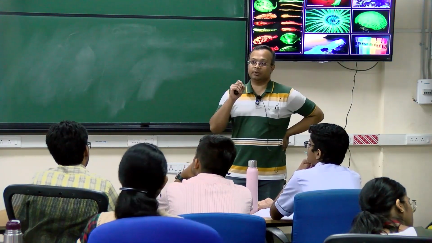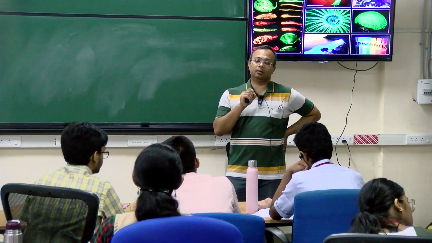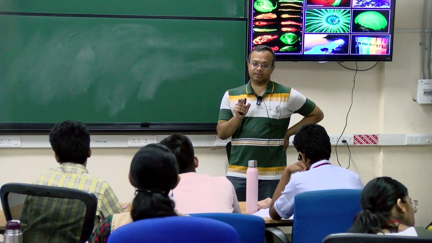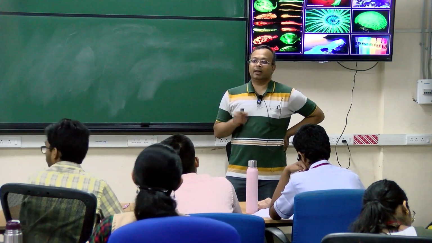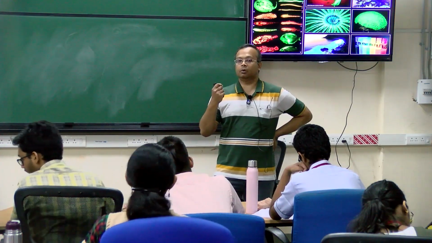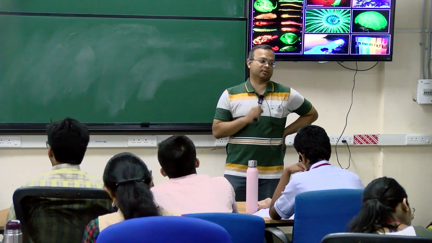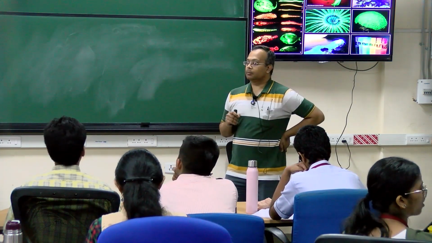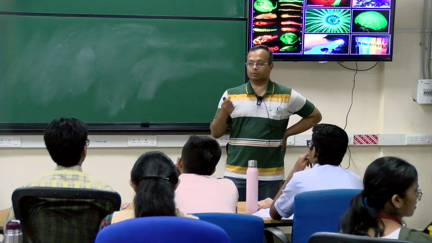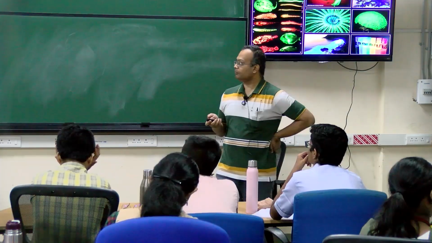Fluorescence refers only to a specific type of luminescence where you shine light of a particular frequency, in this case UV, and then you get light of another, lower frequency. Only that type of glowing is called fluorescence. If you just shine a torch light on something and it glows, that is not fluorescence. So you have to know this distinction.